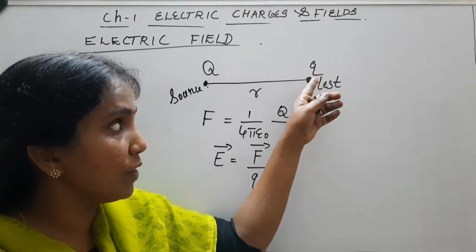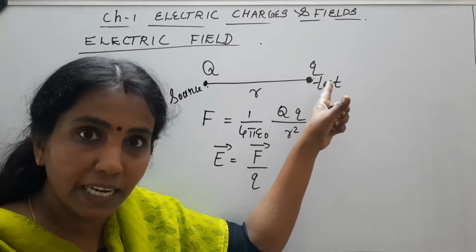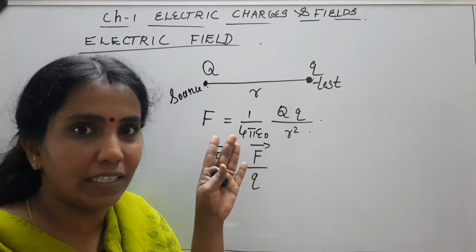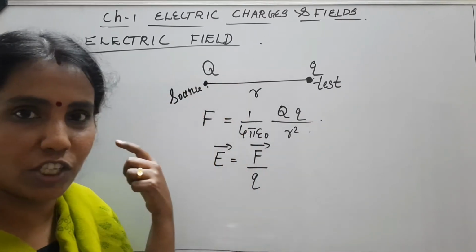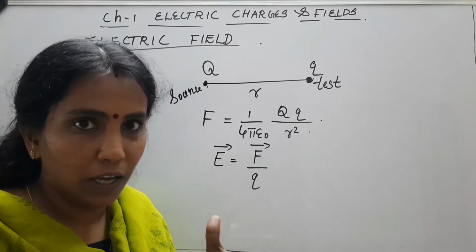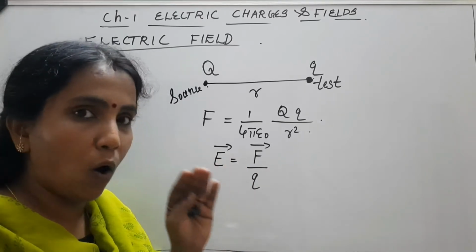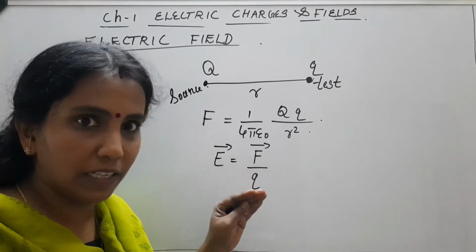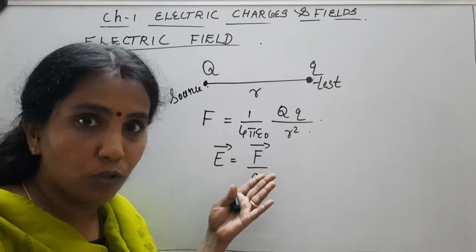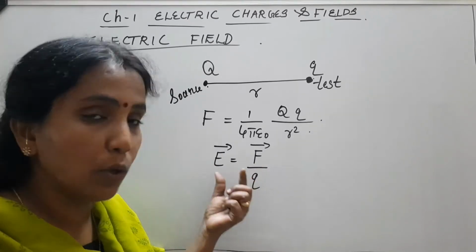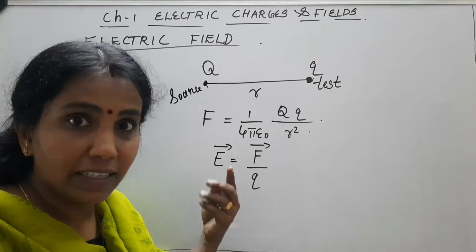Otherwise, because of the force exerted by the test charge, the source charge will get dislocated. It will move from its position. So the definition of electric field will not be correct. So in finding the electric field at a particular position, as per the definition, we take the force experienced by a unit positive charge.